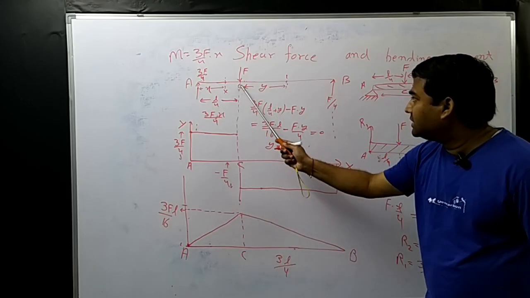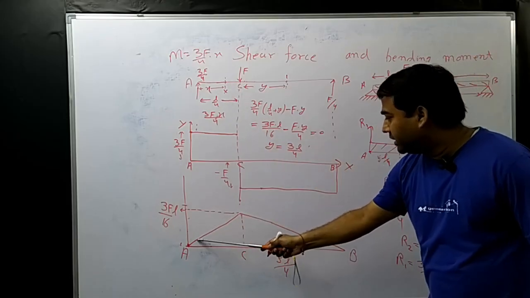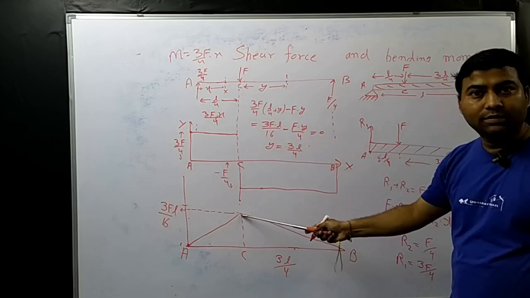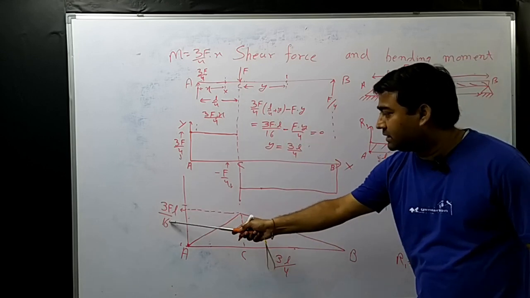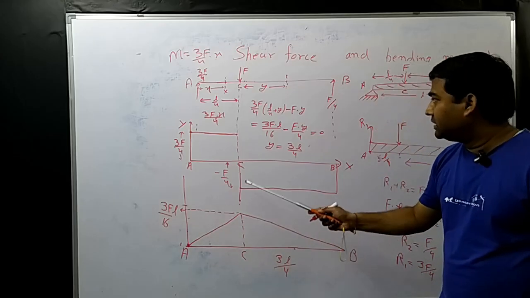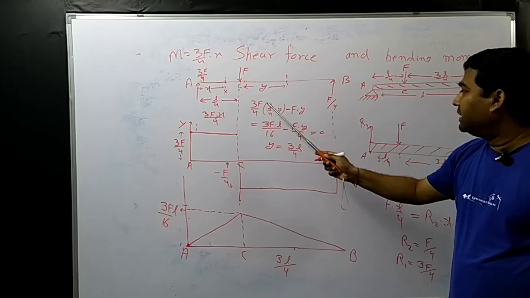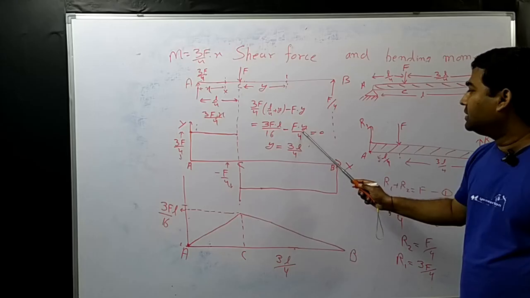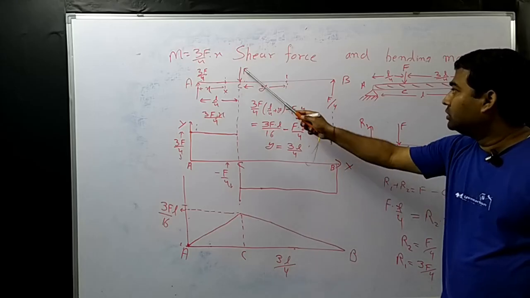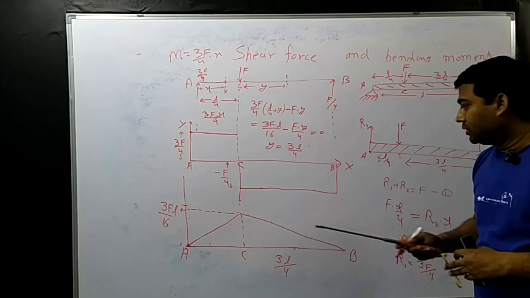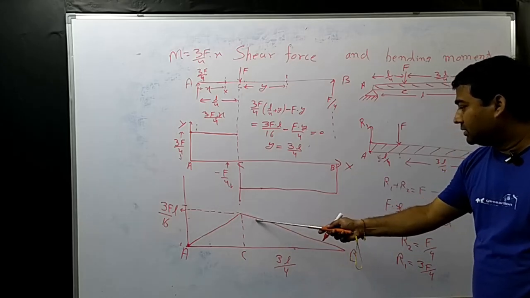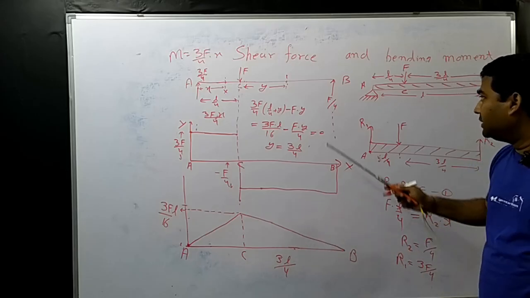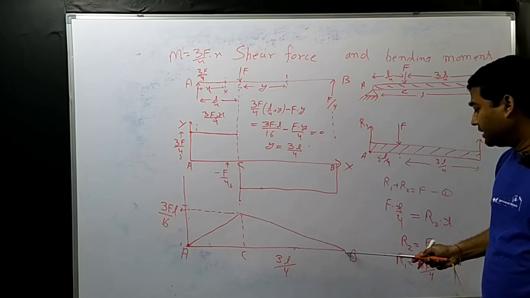You can see between A and C at different points, bending moment is increasing and it reaches maximum at point C, which is equal to 3FL by 16. After point C, bending moment is given by this expression. So it has started reducing due to this downward force. After point C, the bending moment decreases, and at point B, the bending moment has become 0.